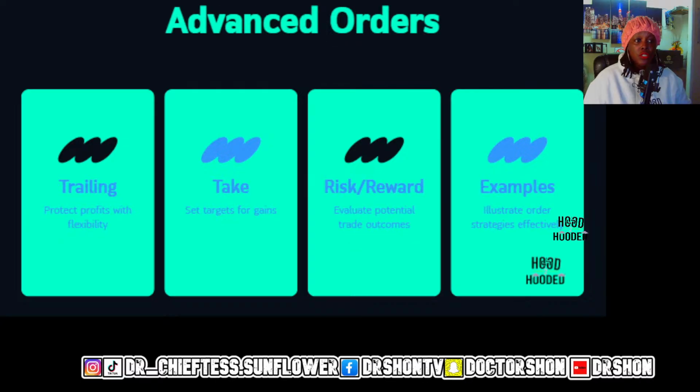Let's go to the next one, which is a little bit more advanced, which is trailing stop. So this protects profit with flexibility. So it'll trail if it goes up and you can kind of move it up and down. So the definition of a trailing stop is it adjusts automatically as stock price moves in your favor. So you can set a trailing stop 5% below the current price, and it follows the stop up but locks in if profit falls.